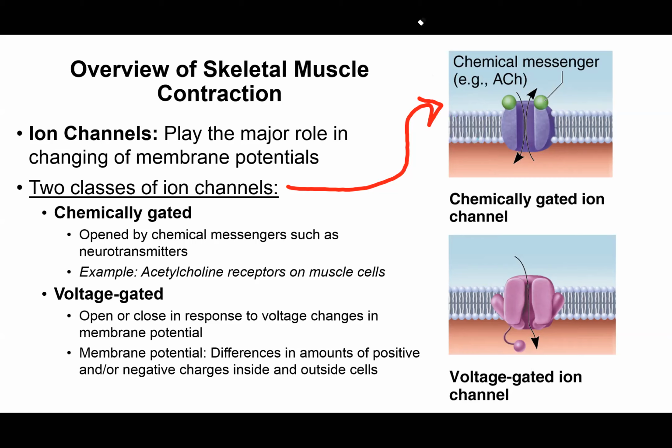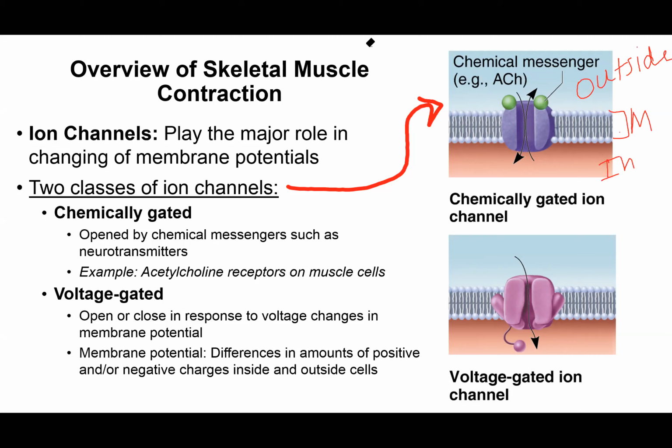All right, so when you're looking at these pictures, essentially what you're looking at is, let me just get my little pin out for you. This part up here is outside of the cell. This section would be the cell membrane, and this would be inside of a muscle cell down here.